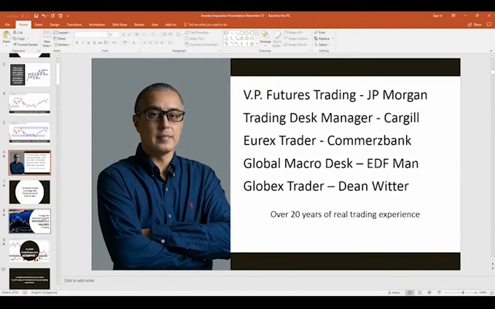I spent 3 years as a Eurex trader at Commerzbank, where we traded pretty much every financial contract in the world, mainly the Bunds, Bobls, Schatz, but everything against it, all the interest rates against it. I spent some time at EDF Man on the global macro trading desk, where we pretty much traded everything exchange traded.